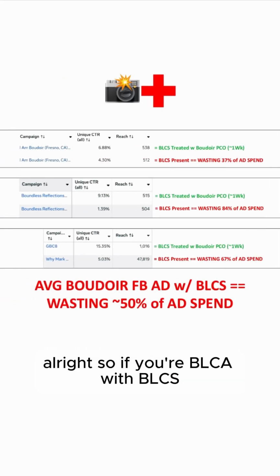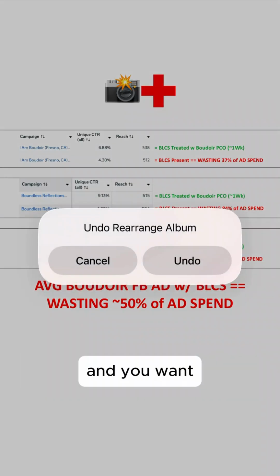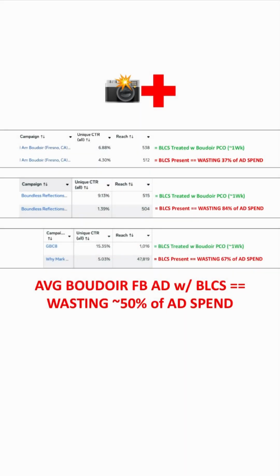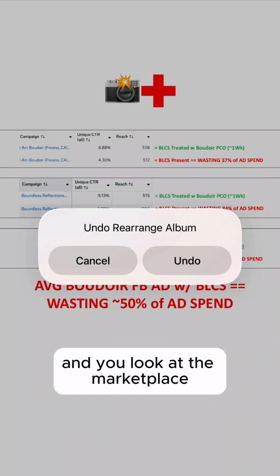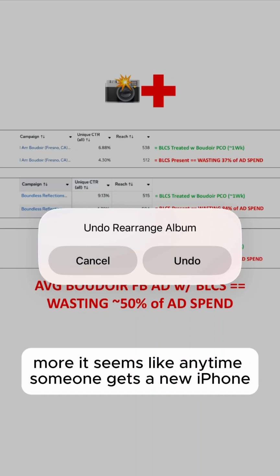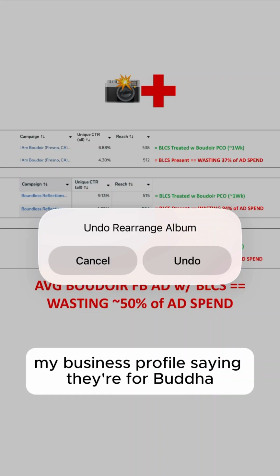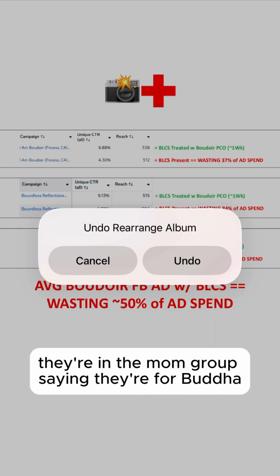So, all right, if you're a BLCA with BLCS, so you're a boudoir low click advertiser with BLCS, and you spend more than 10 grand a month on boudoir Facebook ads, and you're looking at the marketplace, seeing it get more saturated, it seems like anytime someone gets a new iPhone, they're setting up their Google My Business profile saying they offer boudoir, or anyone gets a new camera, they're in the mom group saying they offer boudoir.